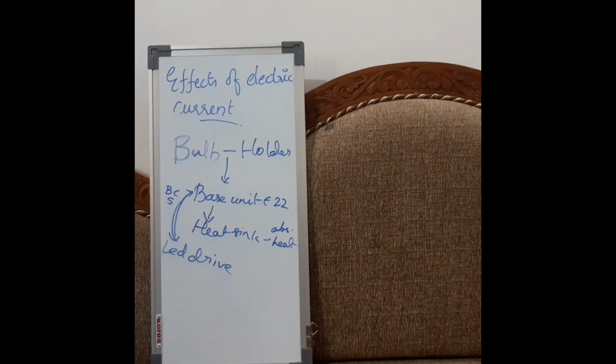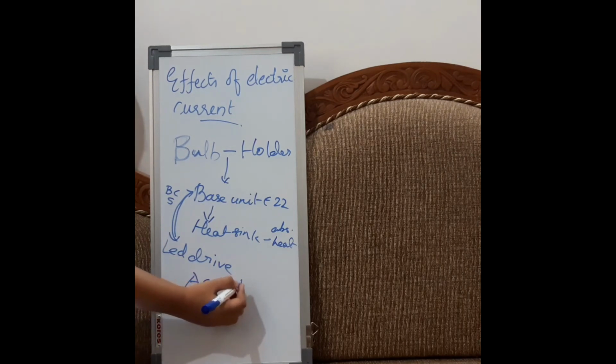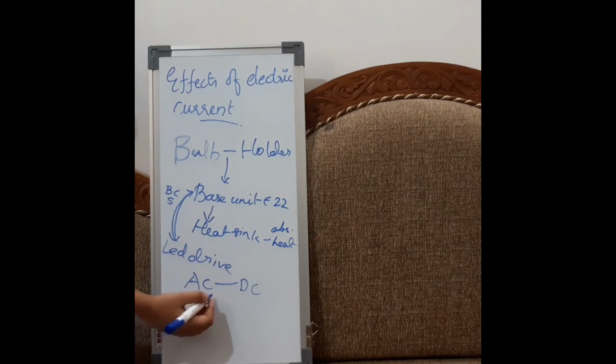Next, the power supply board, whose other name is LED driver. The function of this part is to convert AC into DC. Next, the printed circuit board or LED chipboard.